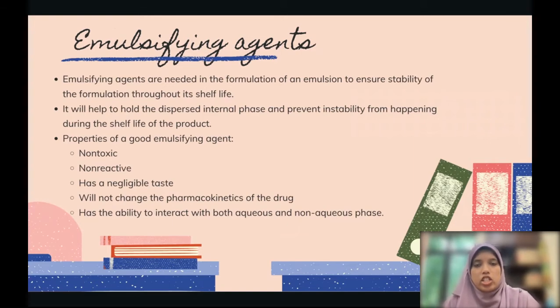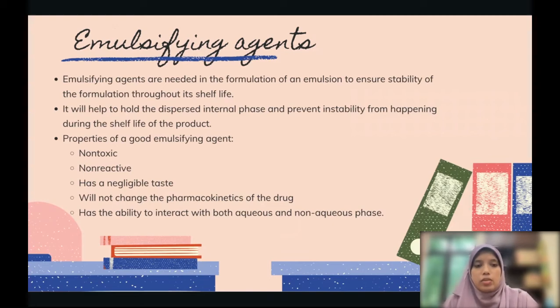For an emulsifying agent to give its beneficial effect, it has to be a good agent that is non-toxic and non-reactive. It means that it should not react with the other ingredients available in the formulation.